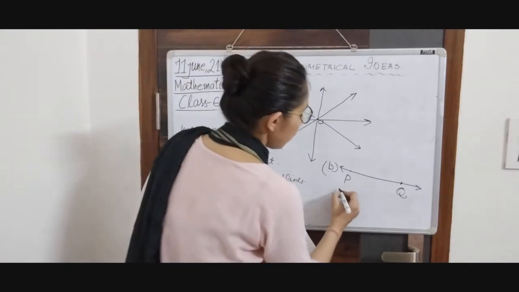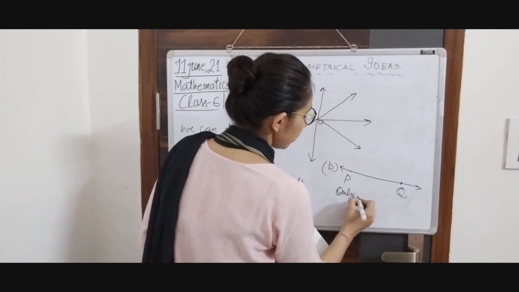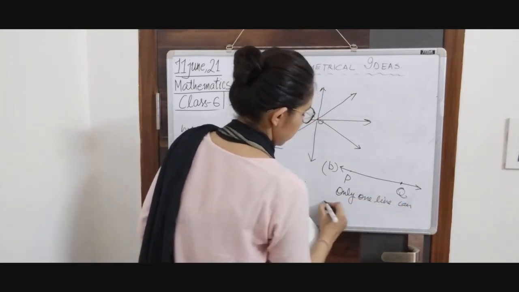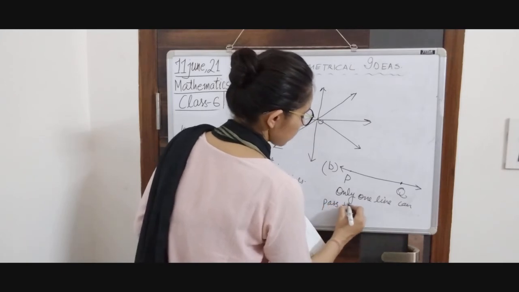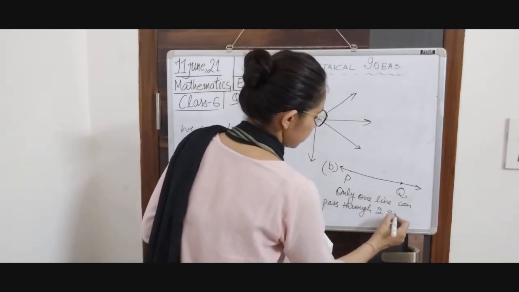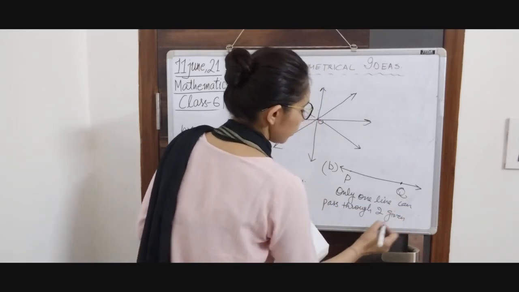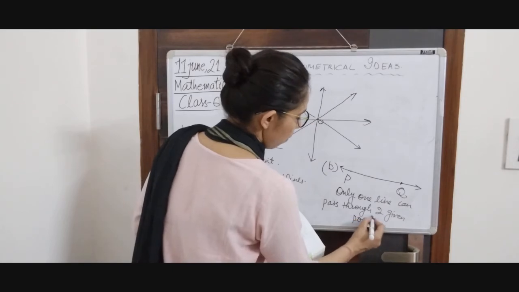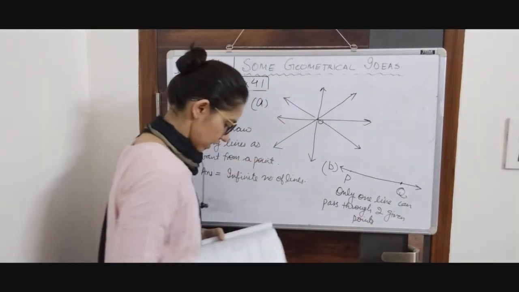No. Only one line can pass through two given points. If we are given one point, we can draw infinite lines. But if there are 2 points, we can draw only one line.